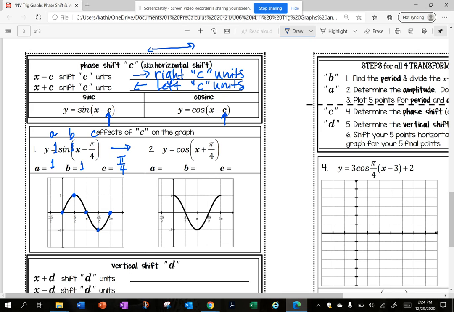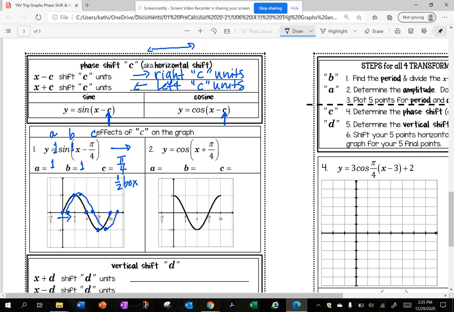One box represents pi over 2, so pi over 4 is a half of a box. So I'm going to take each of my 5 points and move them to the right a half a box. My phase shift is my horizontal shift.